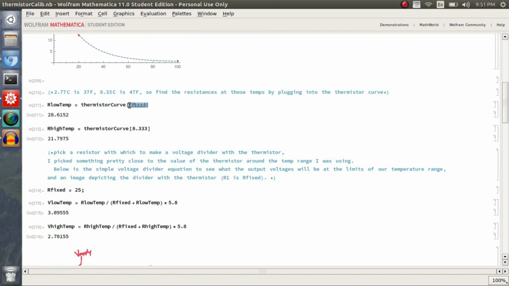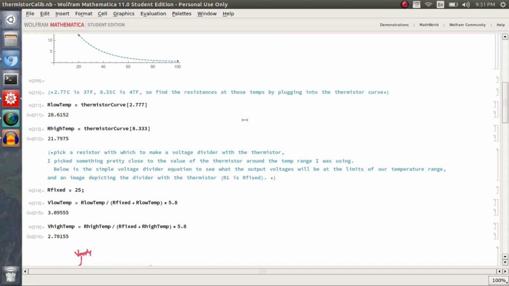And so for my Keyser, I wanted my values between 37 and 47 degrees Fahrenheit to be where I want the switching to happen, the temperature control. It's a freezer, so I just have a compressor that I'm turning on and off. There's no smooth ramp up or anything. It's just a binary system.